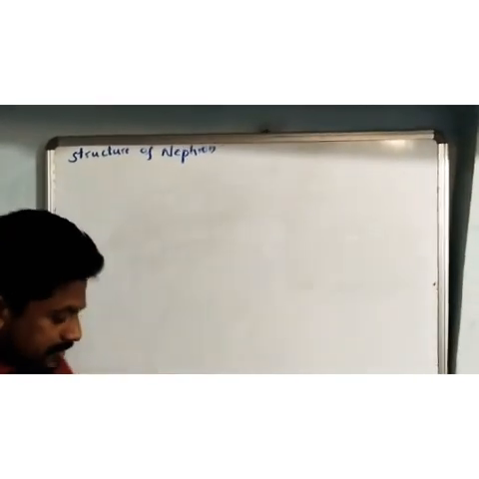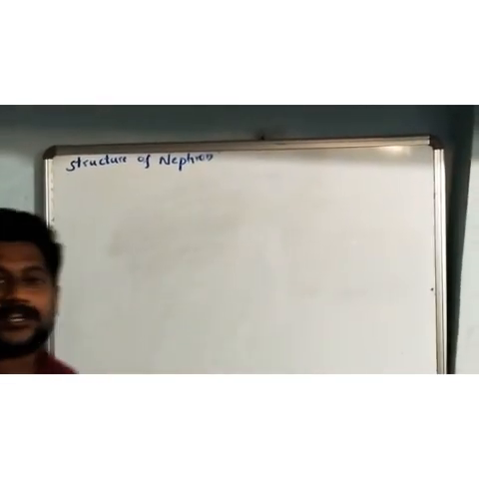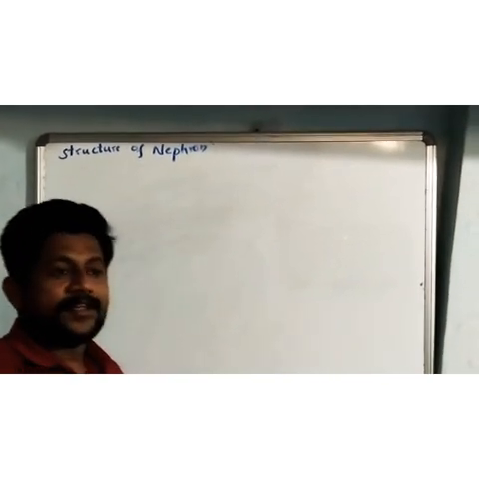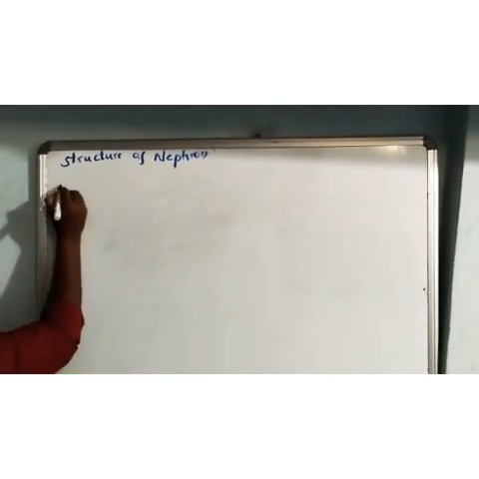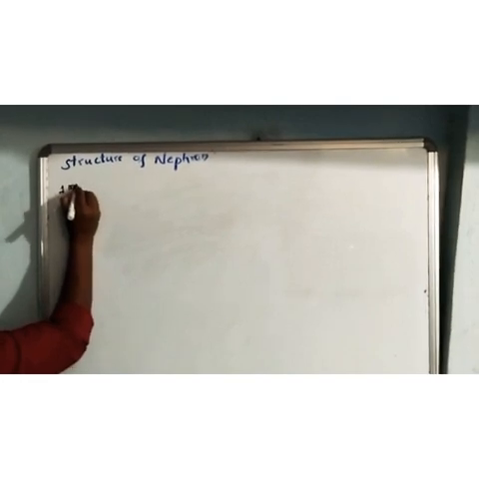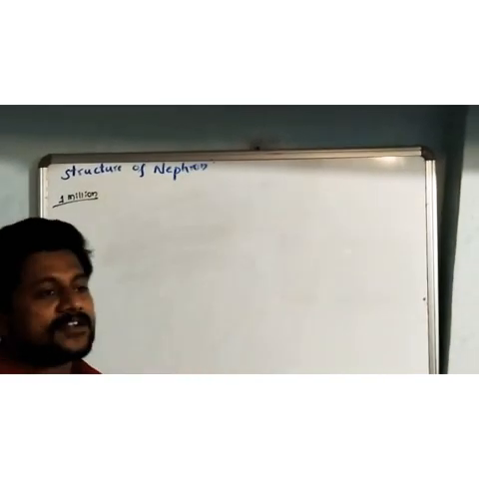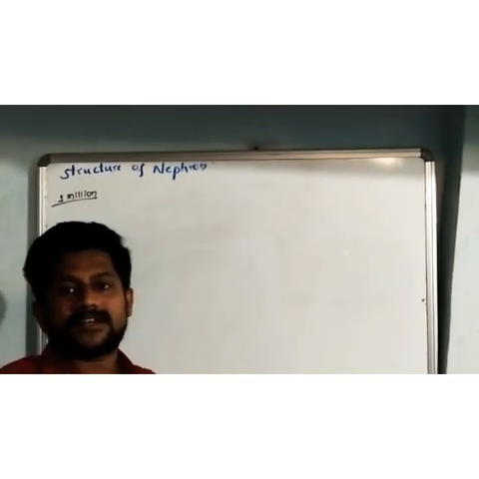Structure of nephron. Each kidney consists of nearly 1 million nephrons. Nephrons are the microscopic structures.